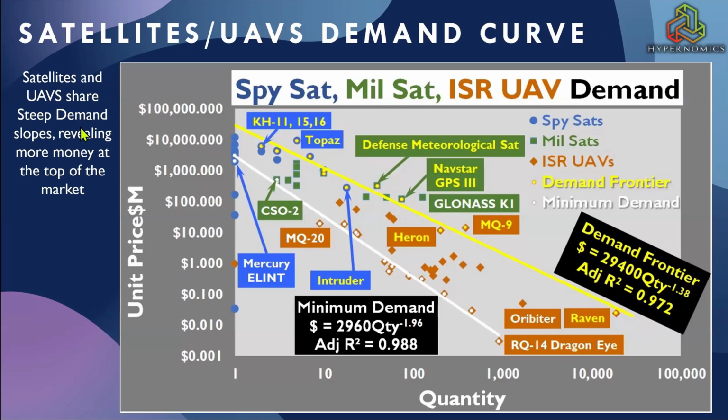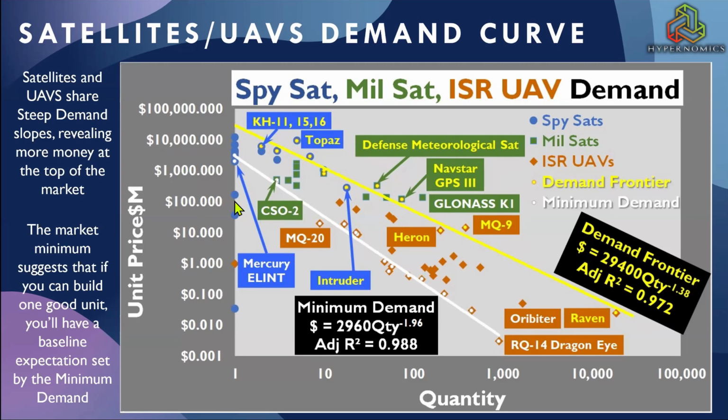And when we combined them, we discovered that they had the same outer demand frontier. So we've got the spy satellites in blue, military satellites in green, and the drones, the UAVs, in brown, and they all have the same outer demand frontier. And very interestingly, they also have the same inner demand frontier. So this market suggests that if you're smart enough to get past the first unit, the government will guarantee you a certain minimum here.